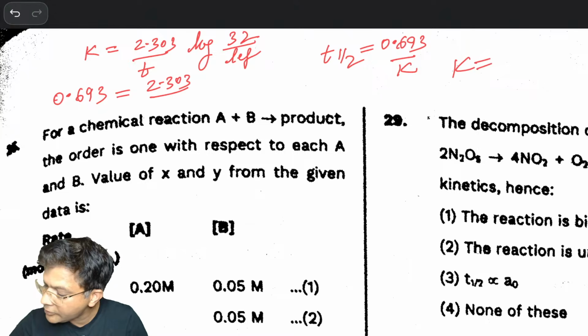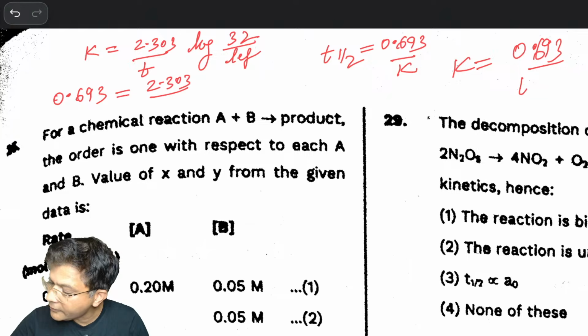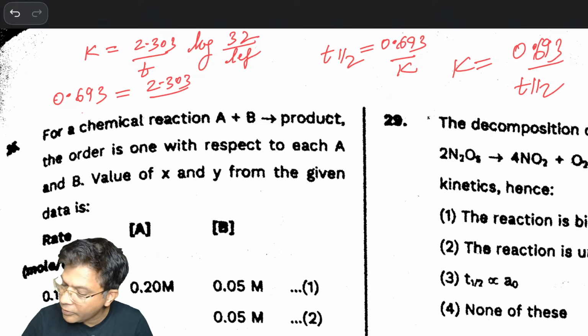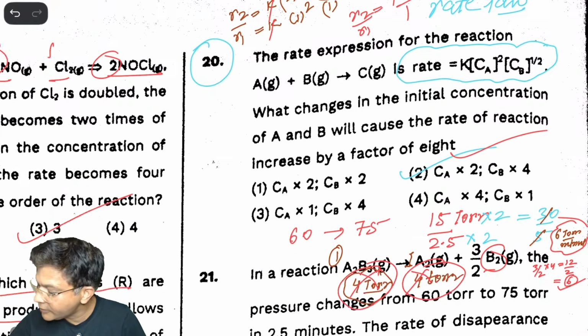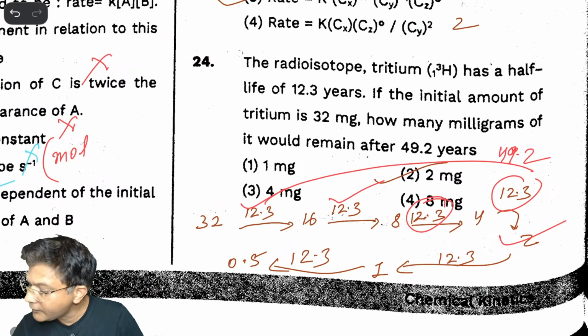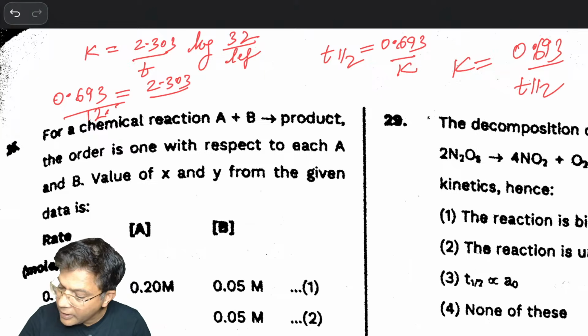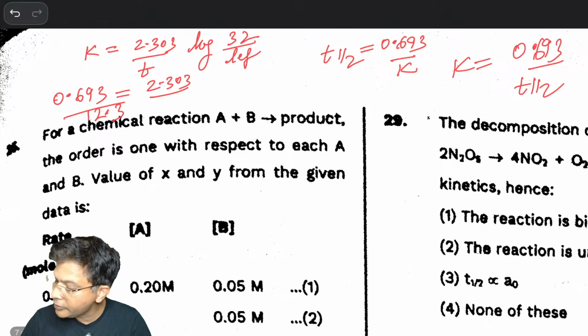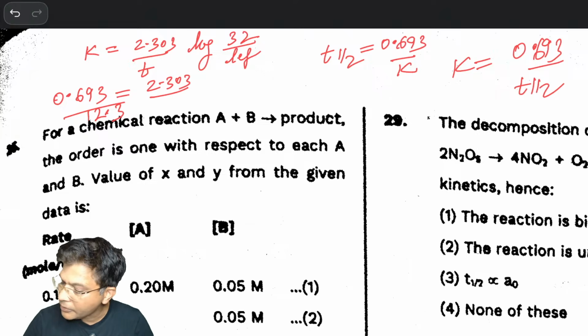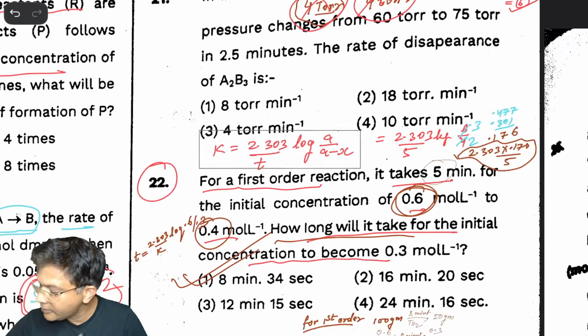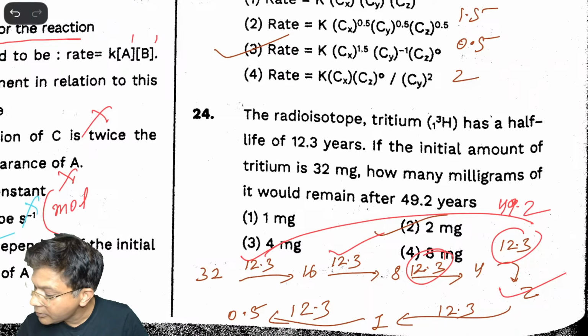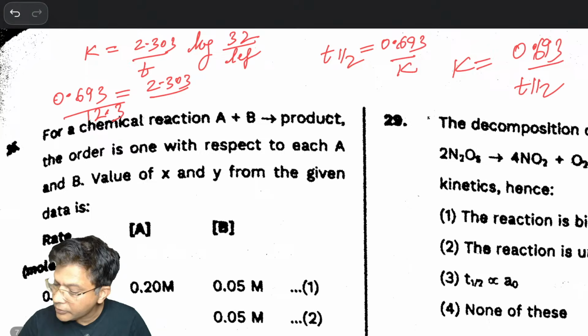Time they have given or not? Kids, yes, they have given it: 49.2 years. T half is given as 12.3 years. So see how much time it is going to take upon k. I have written 2.303, and the time in years is 12.3.